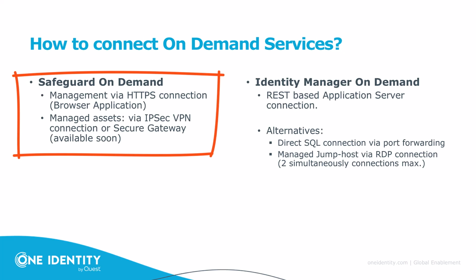For asset management, account management, or the interface where your users check out the credentials, or for the sessions, that is how your users connect to the asset that is monitored by SPS, that requires a direct network connection.